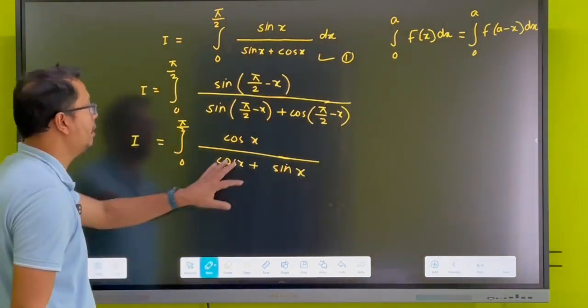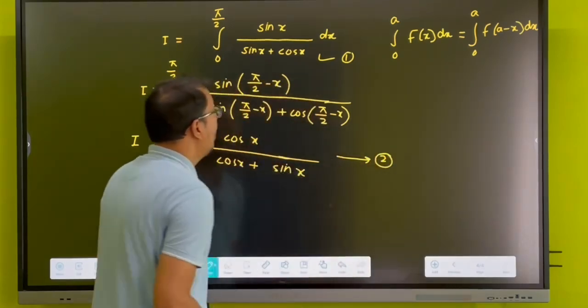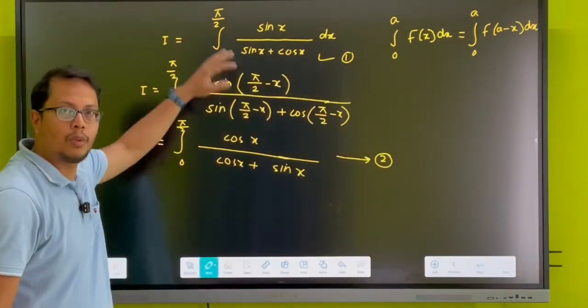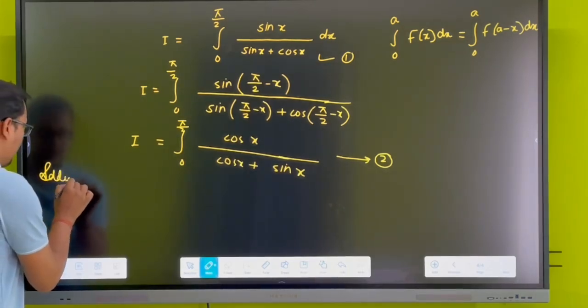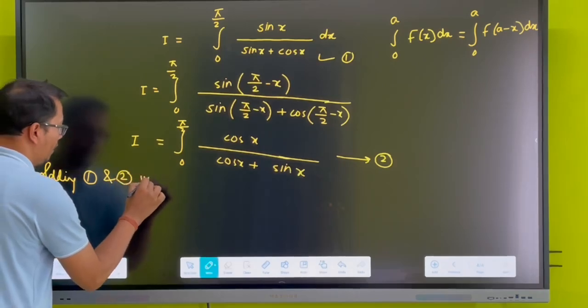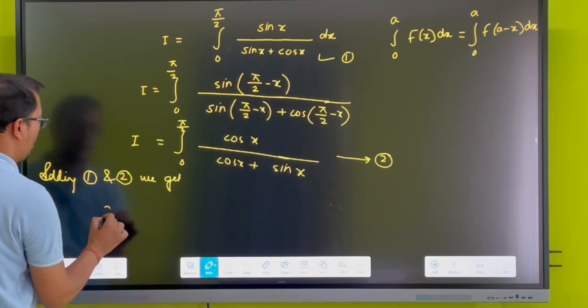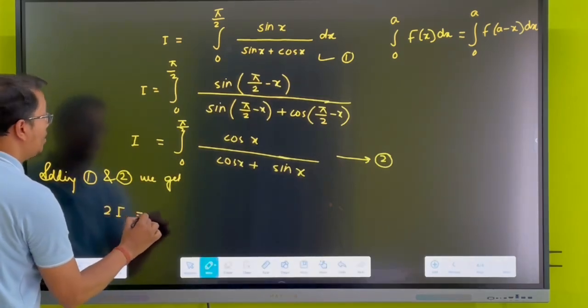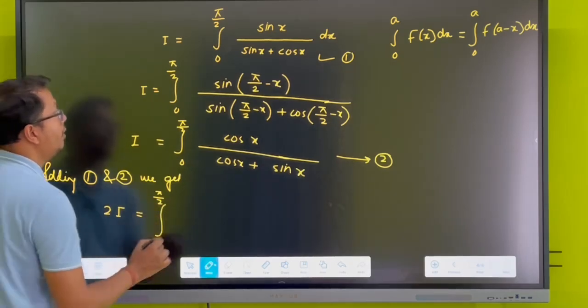Now we number it as 2. Now add both the equations. Adding 1 and 2, we get I plus I, that is 2I, equals integration from 0 to pi by 2.